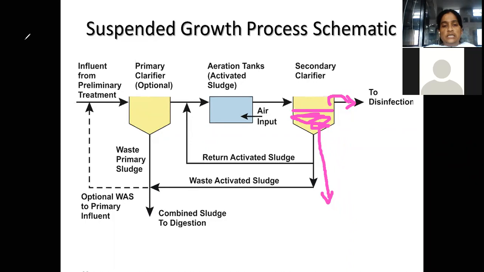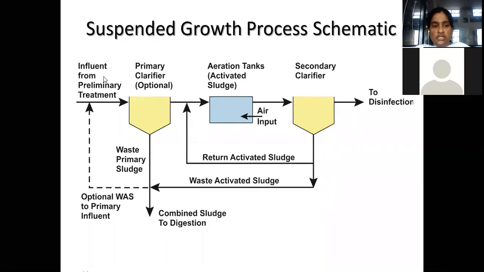Now here the question should be: why are we calling this an activated sludge process? Simply, there is a treatment process: influent from preliminary treatment, clarification in a primary clarifier, then aeration in an aeration tank, then the secondary clarifier.